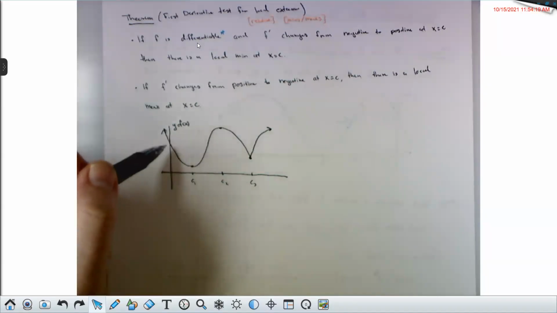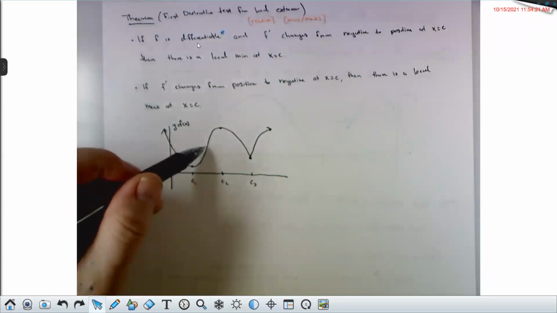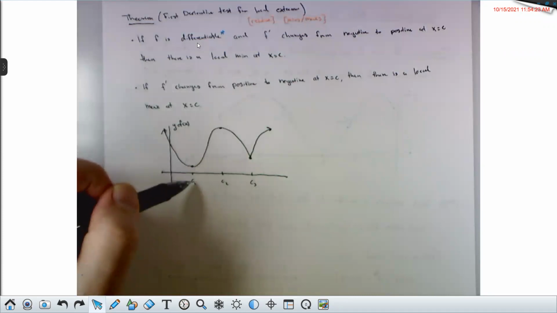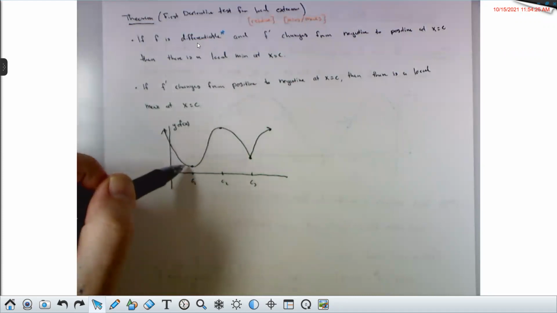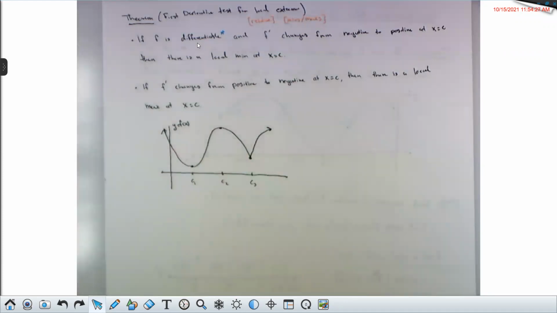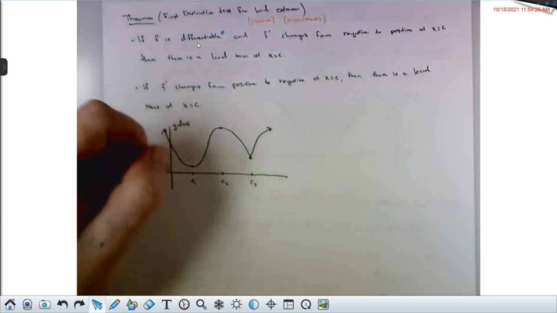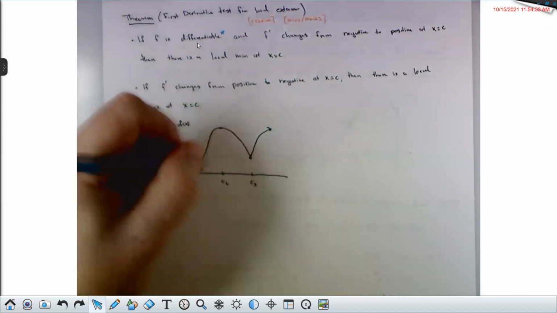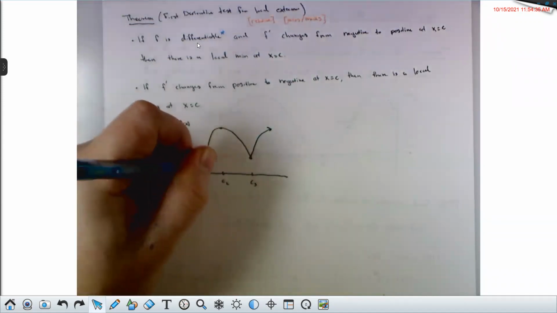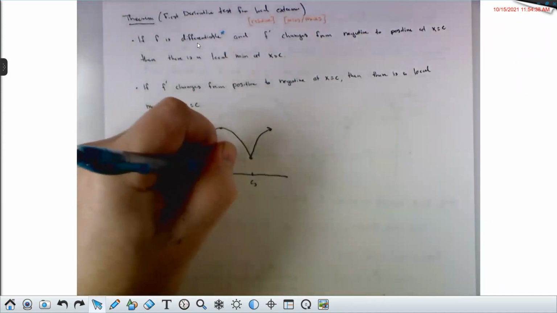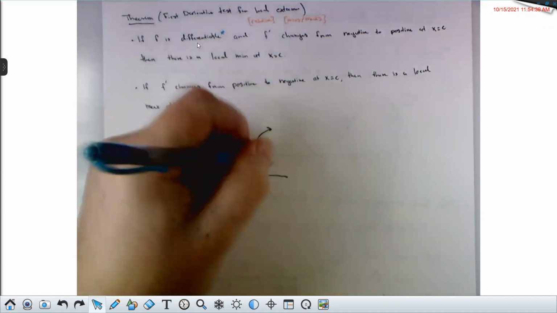Since f goes from decreasing to increasing at C1, that means f prime goes from negative to positive. So f prime is negative over here. f prime is positive in here. f prime is negative here.